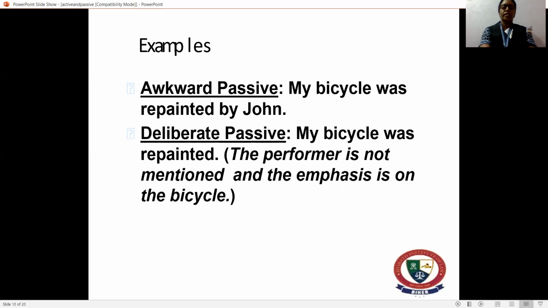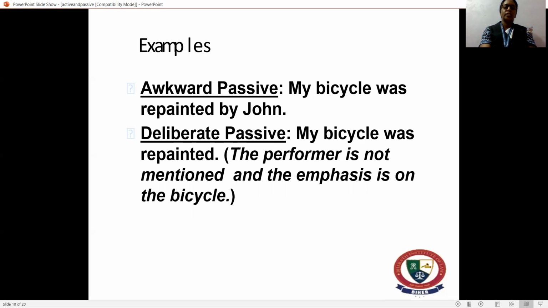As we have said, if you don't know the subject, if you don't know who is performing the action, we use passive voice. So we'll see certain examples. Though it has been mentioned as awkward, passive, there are certain cases where we need to use it.